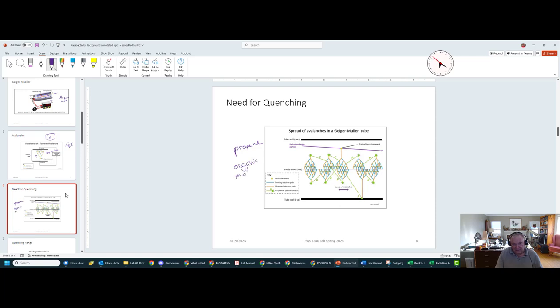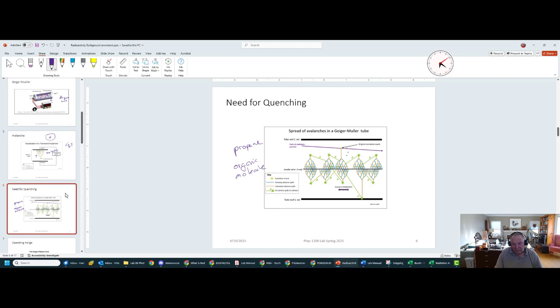The point is that this thing could start avalanching, photons get created, and the photons will make more avalanches, and this thing will just go on runaway.